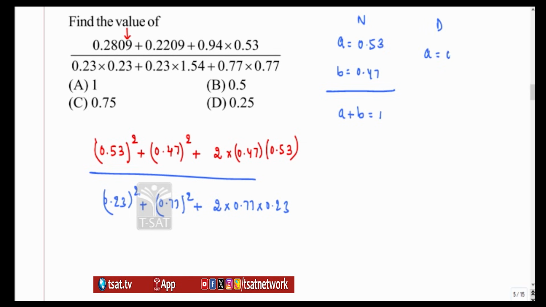A is 0.23 in the denominator, b is 0.77. If you add both of them, it becomes 1. Therefore, your numerator is 1 and denominator is also 1. The answer is 1. So it is simply application of squares as well as the formula a plus b whole square. If you recognize it is in the form of a plus b whole square, simply do a plus b. A plus b in both the cases here, numerator and denominator, is 1.